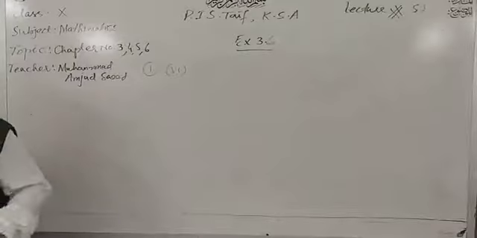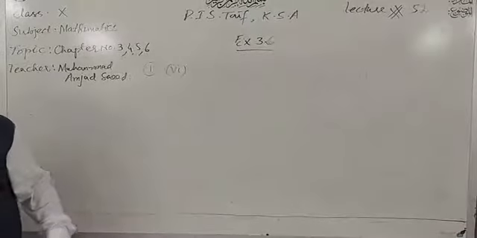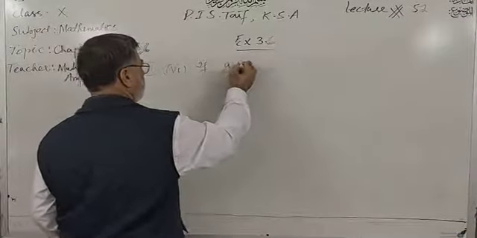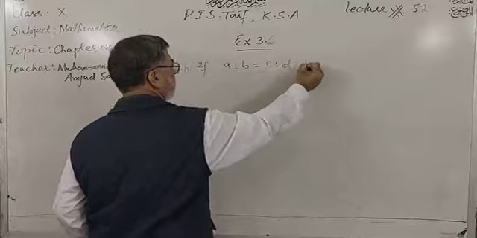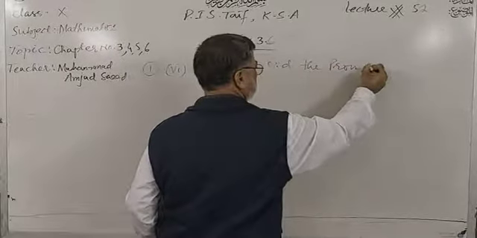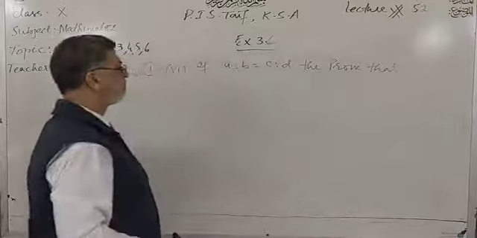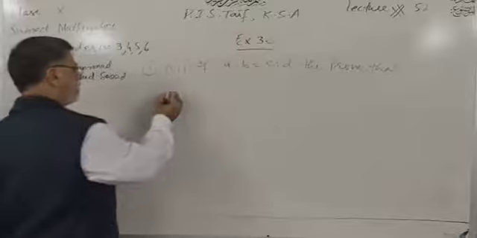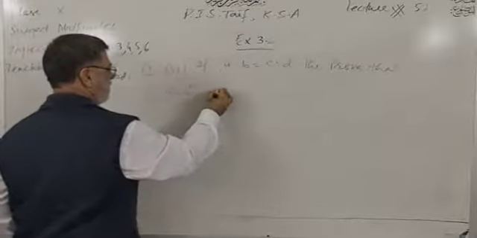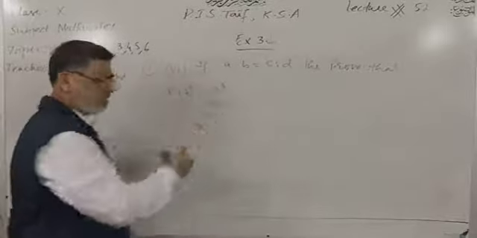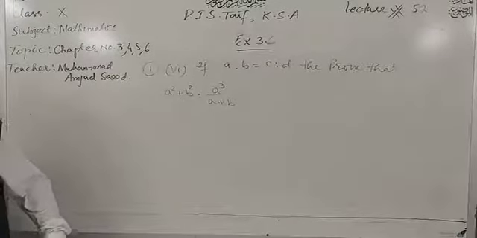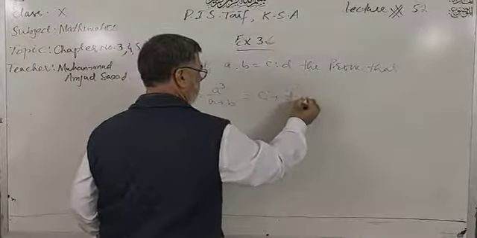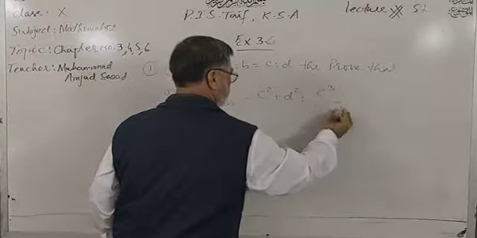The question is, if a ratio b is equal to c ratio d, then prove that (a square plus b square) ratio a cube over (a plus b) is equal to (c square plus d square) ratio c cube over (c plus d).